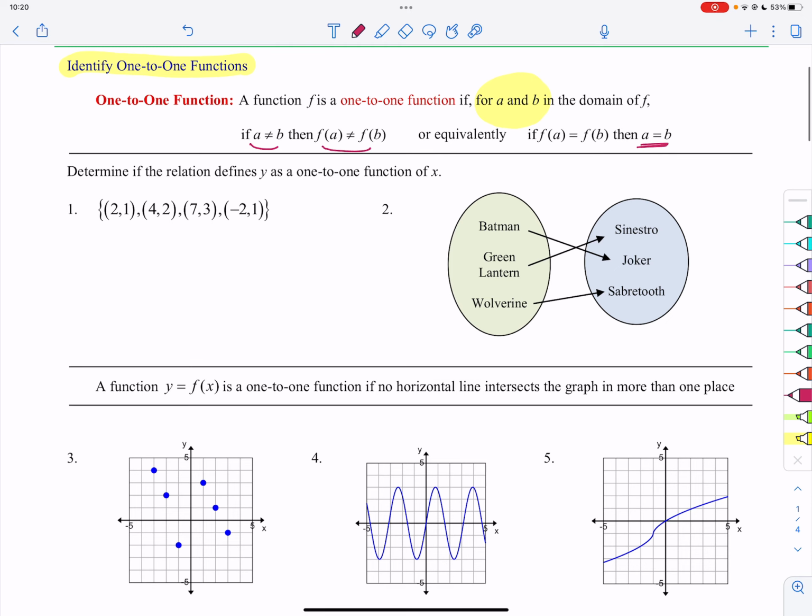Okay, so let's take a look at this. Determine if the relation defines y as a one-to-one function of x. As you can see here, we have the same y value, but we have different x values.